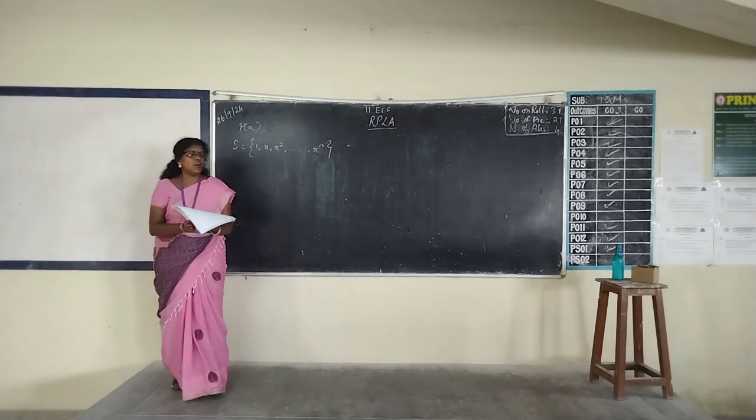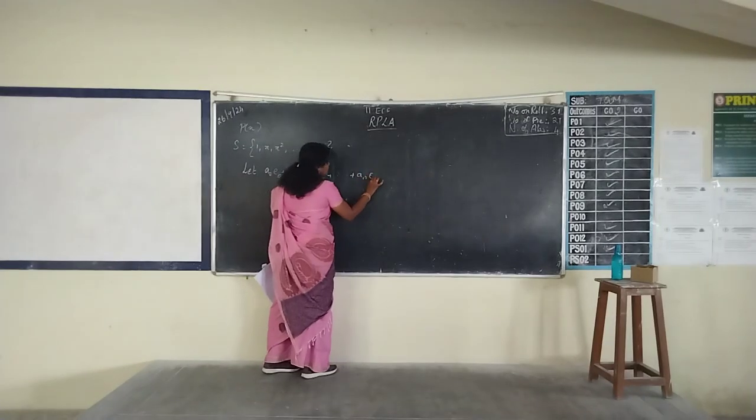Given S is equal to 1, x, x square, etc., x power n. First part, to prove S is linearly independent.